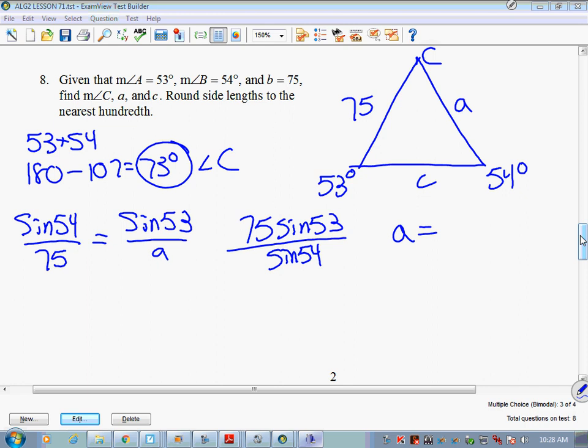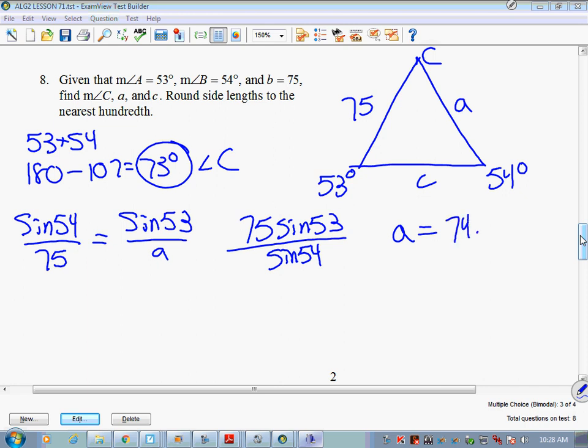Let's see. Mr. Vicente, can you tell me what side A equals when you punch that in? Can you take it to the nearest hundredths? 74 point what?